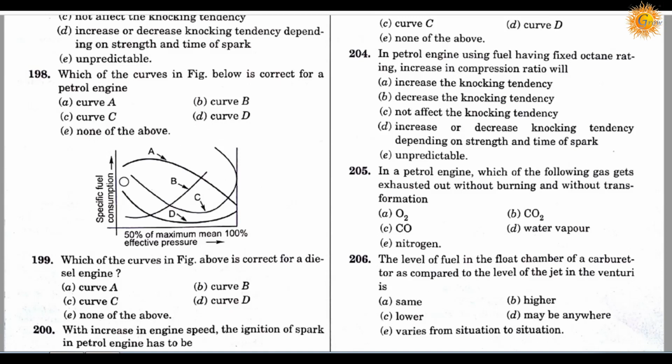Now you can see the curves with specific fuel consumption on the vertical axis, and on the horizontal axis 50% of maximum and 100% effective pressure. So the correct answer is C, curve C. This curve is the correct one for the petrol engine.